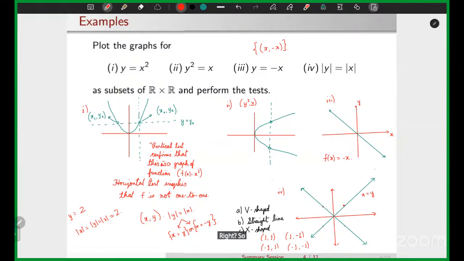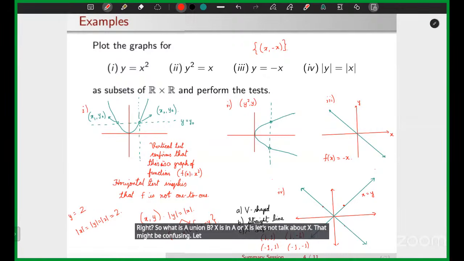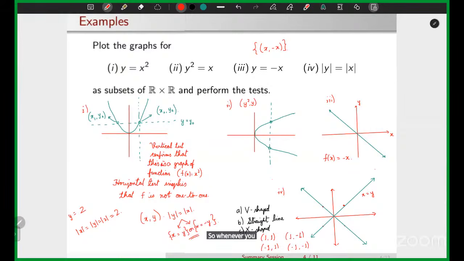So what does A union B mean? Let me take an element P. An element P belongs to A union B means P is in A or P is in B. So whenever you have or, you have to take the union of those two sets.